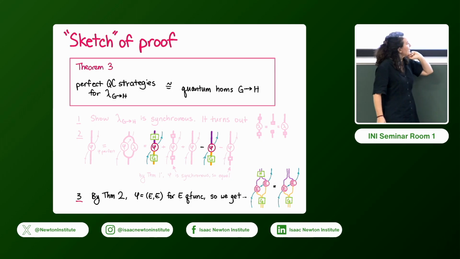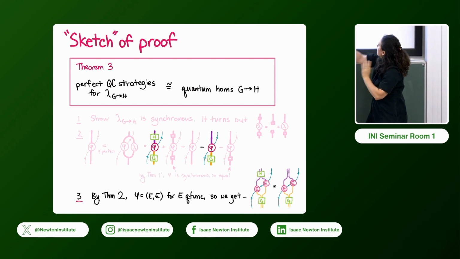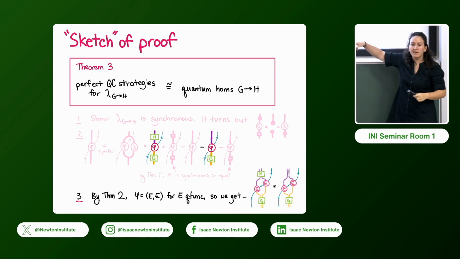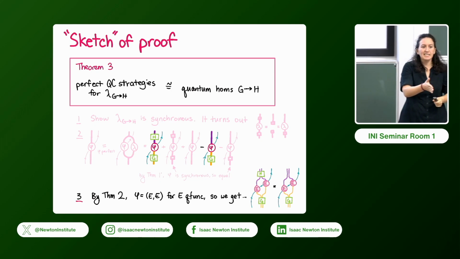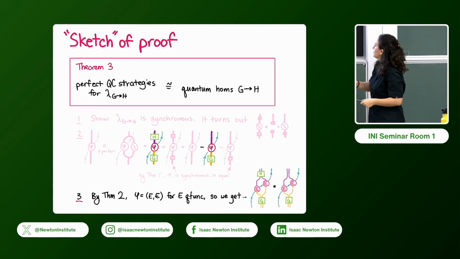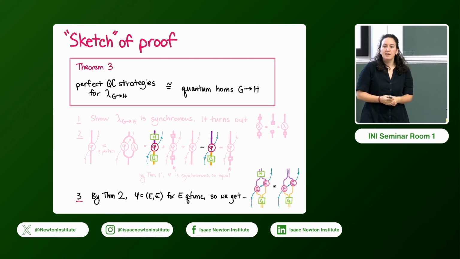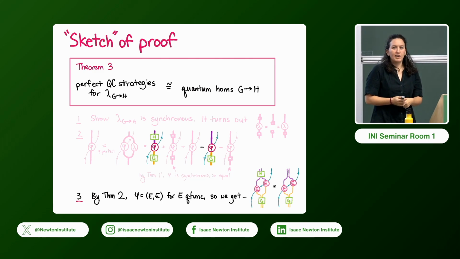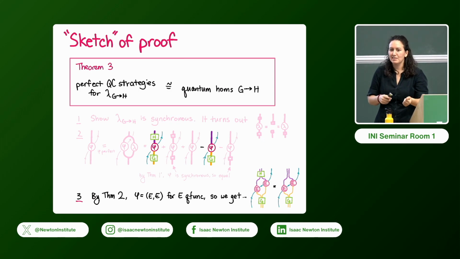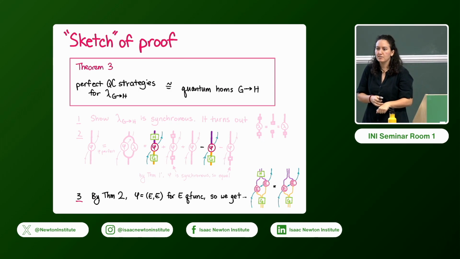But once you prove that, you can immediately write down the equation we got from up here, but replace phi with its player-by-player implementation, as 2 copies of the same quantum function. But this is exactly the homomorphism condition for the quantum homomorphism condition between quantum graphs G and H.